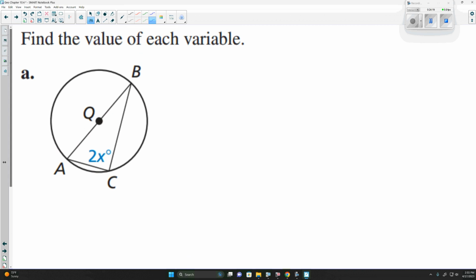So here, find the value of each variable. Well, as we can see here, AB is the diameter. And there's different ways we can go about it. We can say that this is indeed 180. So this angle here has to be what? So we're saying what? 90 is equal to 2X, divided by 2.